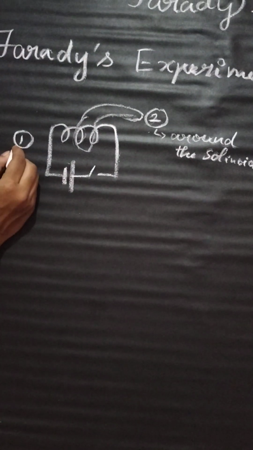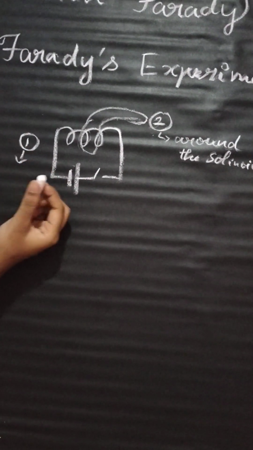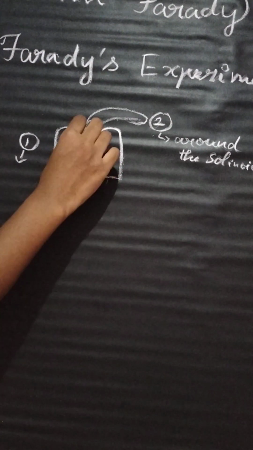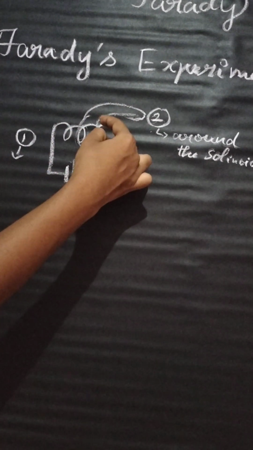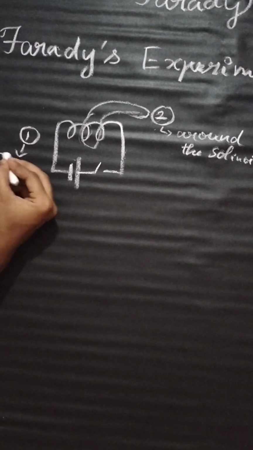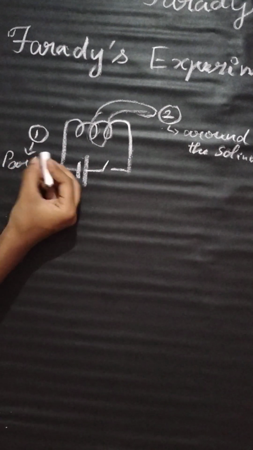And loop 1 is a part of the solenoid. It was not connected, but it's the part of the solenoid.